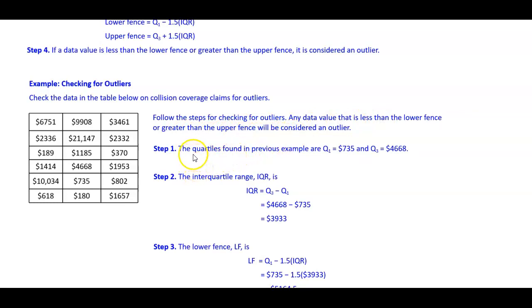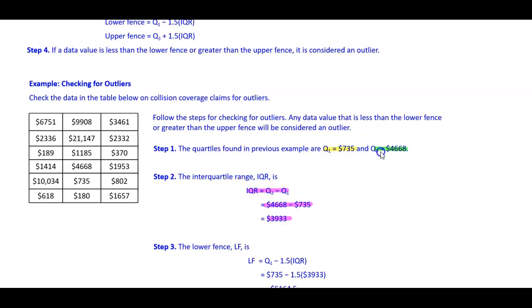For step 1, the quartiles found in the previous example are quartile 1, which is 735, and quartile 3, which is 4,668. We also determined that the interquartile range is 3,933.